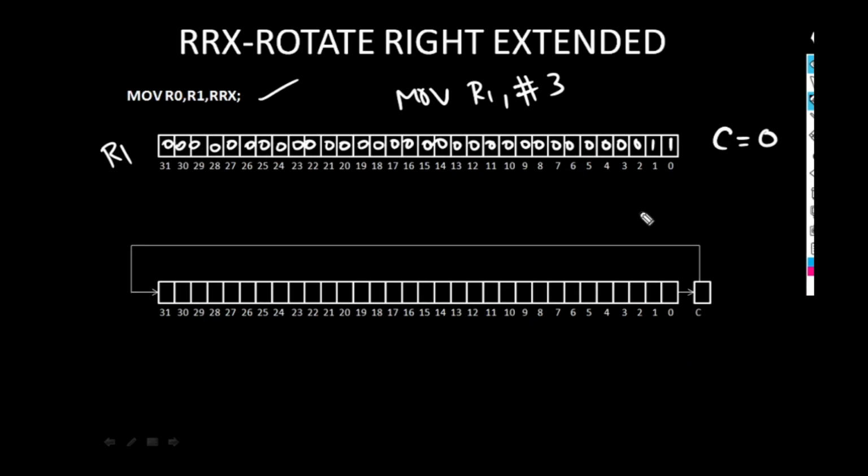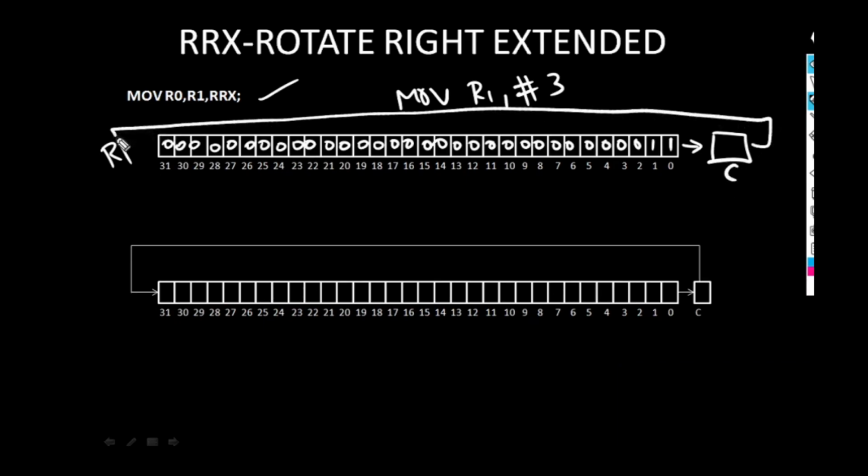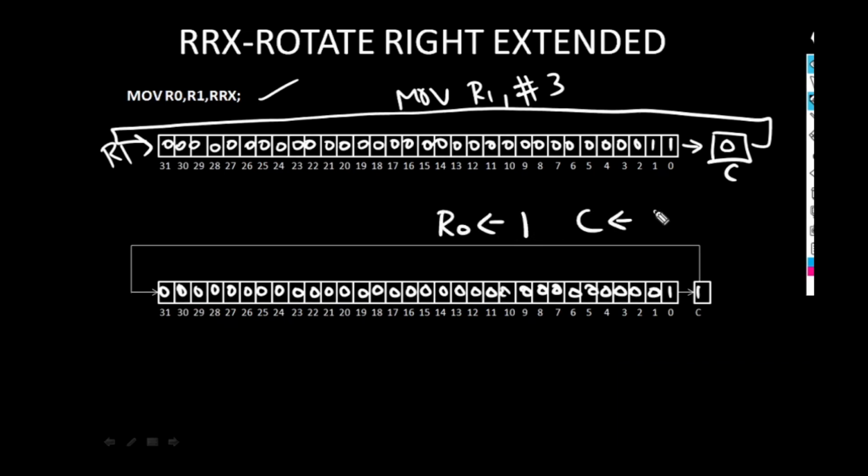If you perform one rotation as expected here, this content should be rotated and placed in the carry. So if this is 1 and initially carry is 0, what will happen after the rotation? It will result in R0 getting a value 1 and C getting a value of 1.